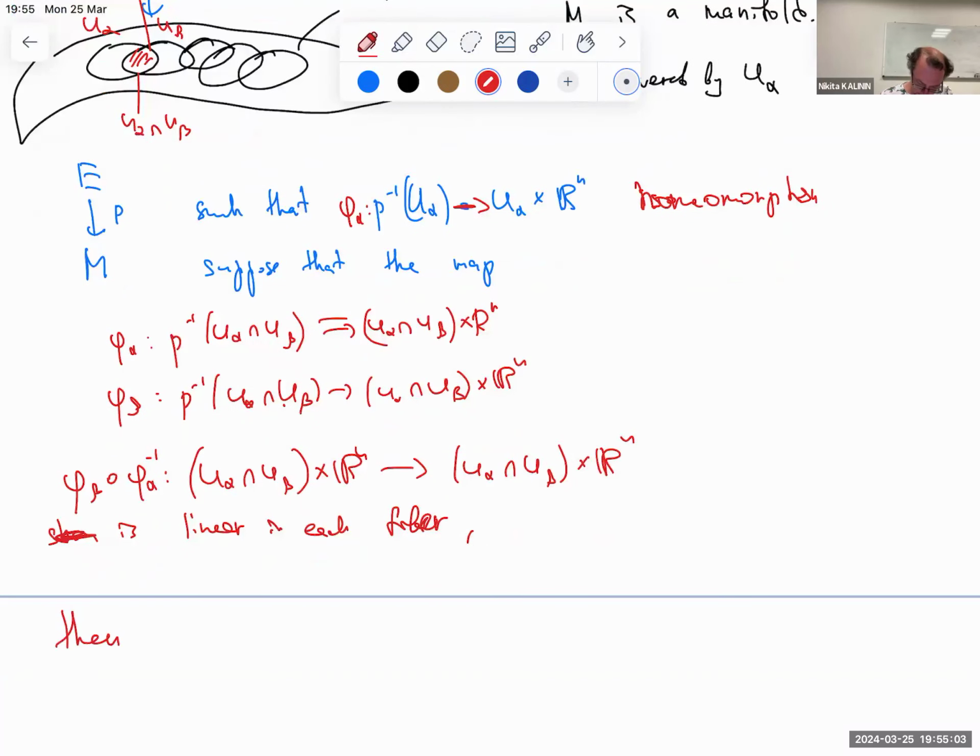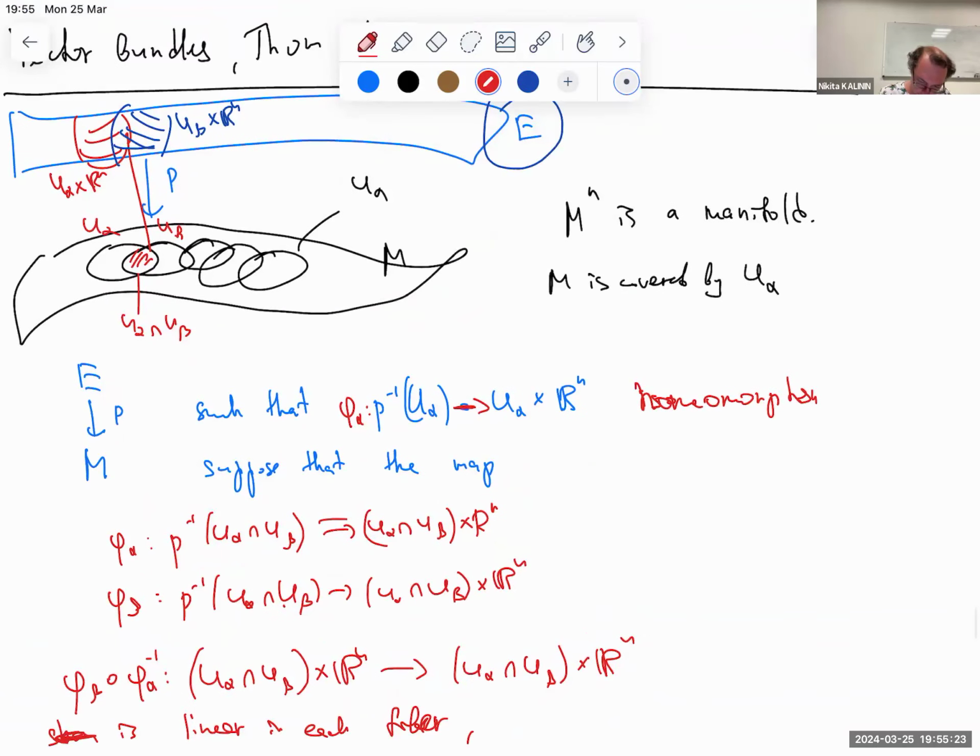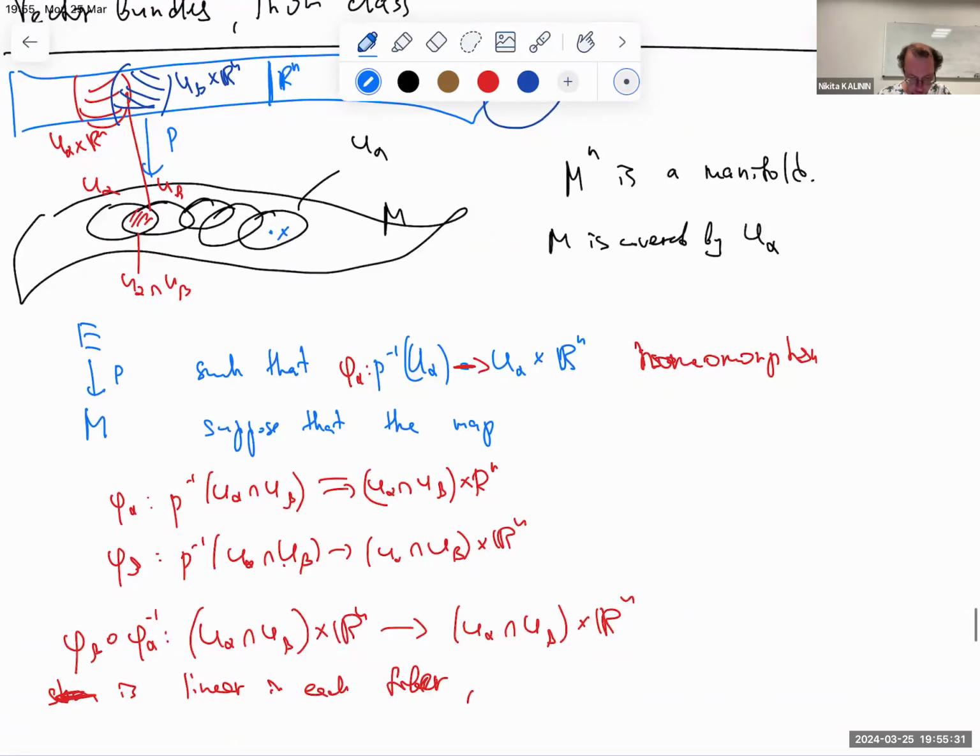Then E P M is called a vector bundle over M. So it is the idea that over each point of M, there is this copy of Rn, which means that, well, locally, for any point there is a small neighborhood such that the preimage of this neighborhood is just this neighborhood times Rn.